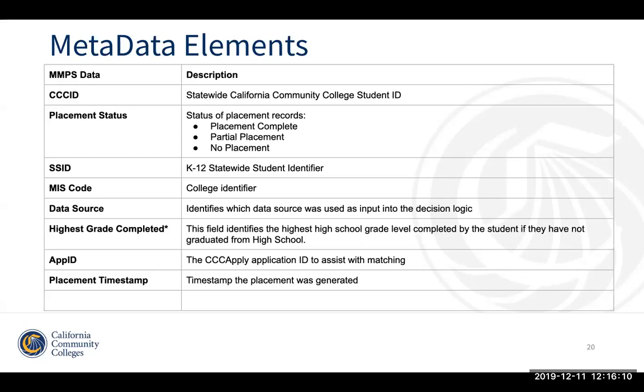A partial placement status typically indicates that we don't have all of the transcript information that's necessary to provide all of the placements, both the AB 705 and the higher level math. Usually this is what's happening from the self-reported perspective. If we have verified transcript information, we should have a complete picture and be able to provide a complete placement and recommendation record from MMPS.